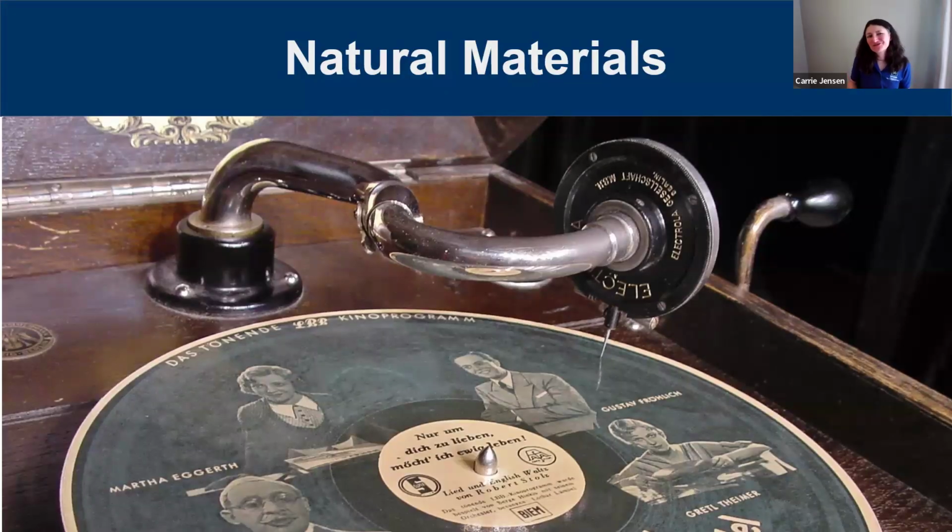Some little tidbits for history, in case you need some fun facts for the day. Original records are made from shellac, a natural resin that comes from an insect, the shellac bug. If you think about it, we wouldn't have the original recordings of artists like Louis Armstrong if we hadn't had shellac to make the first records.